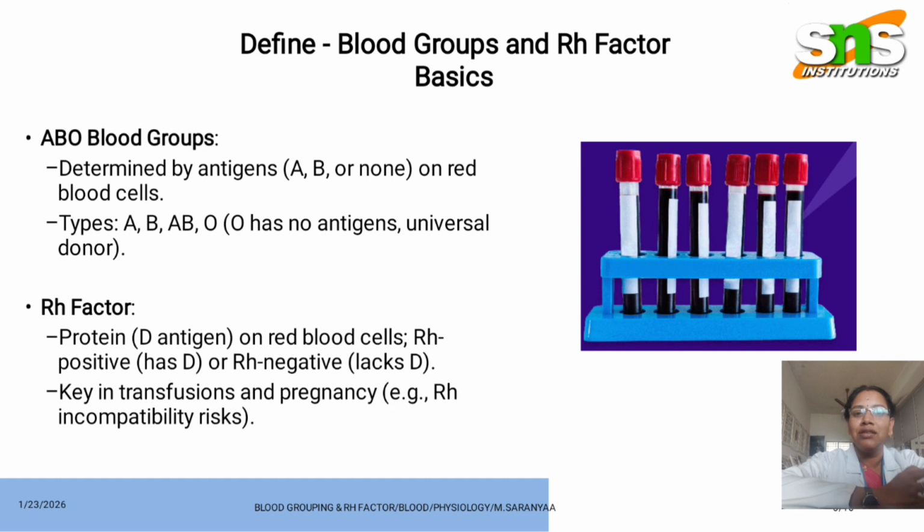Another antigen present on the RBC is antigen D, a protein present on the surface of an RBC. When this protein is present, it is called RH factor positive, and when antigen D is absent, it is called RH factor negative. This is how we identify positive and negative blood groups.